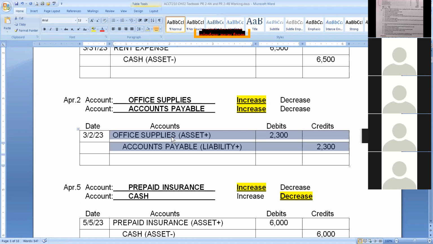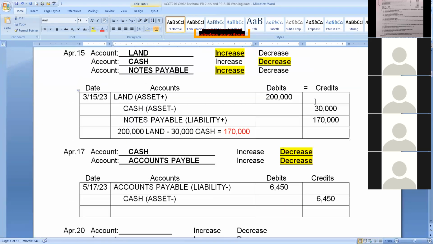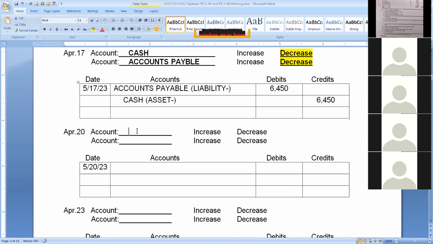If we sent back 325 of the office supplies, will it decrease? Yeah, so we're going to decrease.